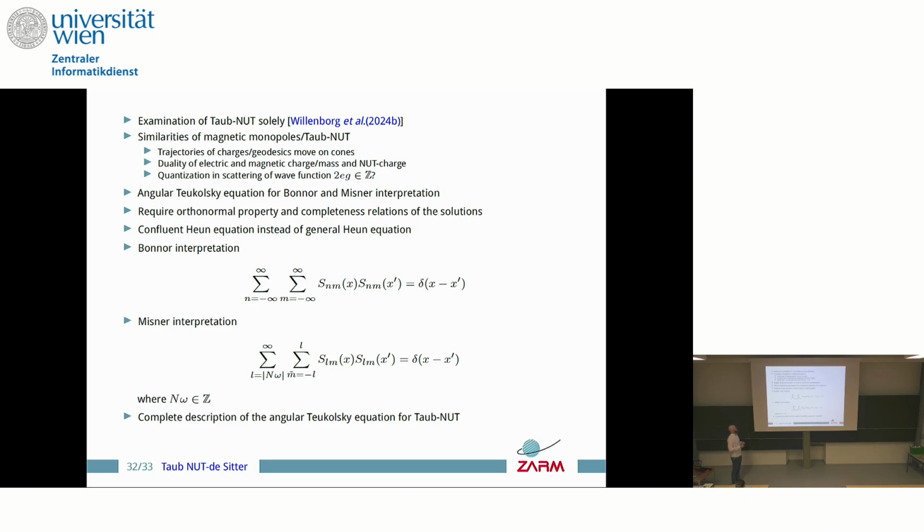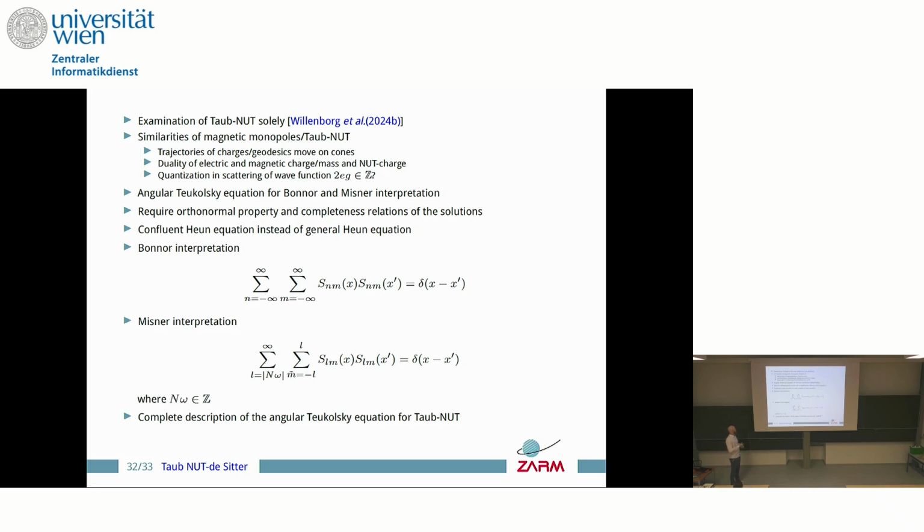And we wanted to see, can someone derive it as well in this case? And what we found out is that for the Bonner interpretation, this is not the case. So our completeness relation looks like this, and the decomposition of our radial coefficients is only done by these n. N stands in this case for the nodes of our harmonics, or not harmonics if you want to say it like this.